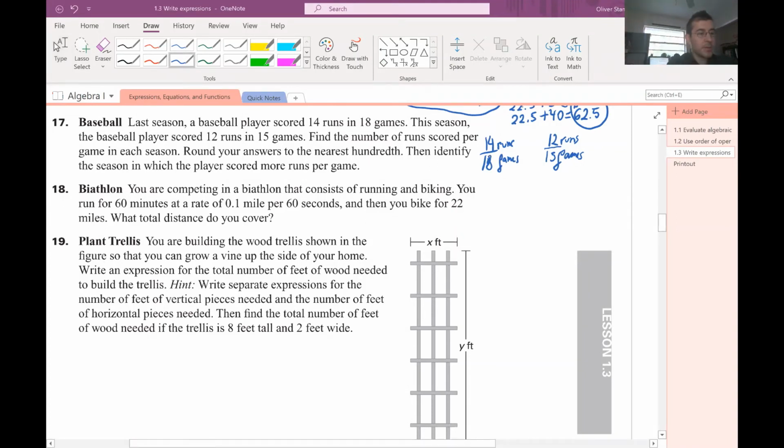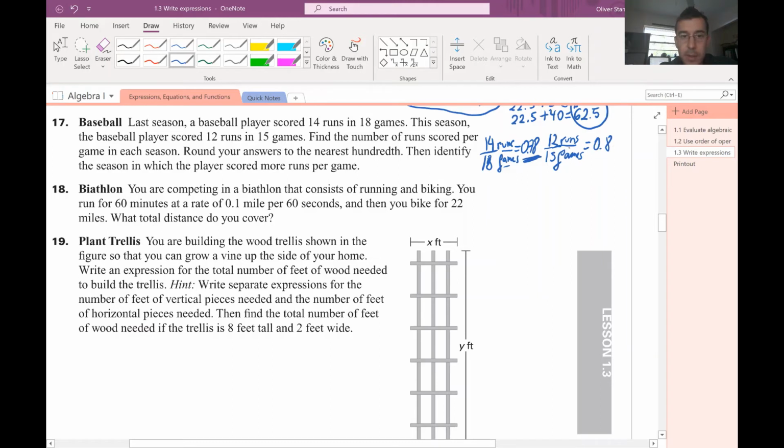Let's see what the result is in the calculator. 14 divided by 18 is 0.78, and 12 divided by 15 is 0.8. And this is runs per game, right? So runs per game, last season, 0.78 runs per game.